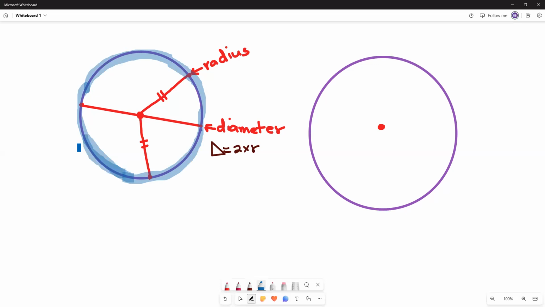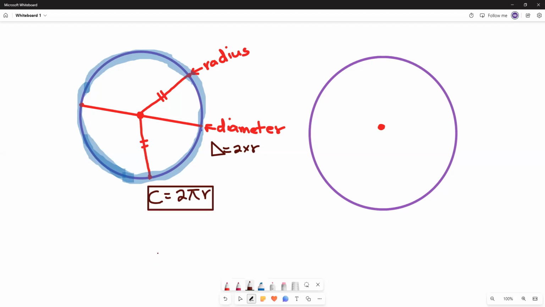In simple terms, it is the perimeter of a circle. And we know that the circumference is given by 2 multiplied by pi r. You must know this formula for the circumference of the circle.